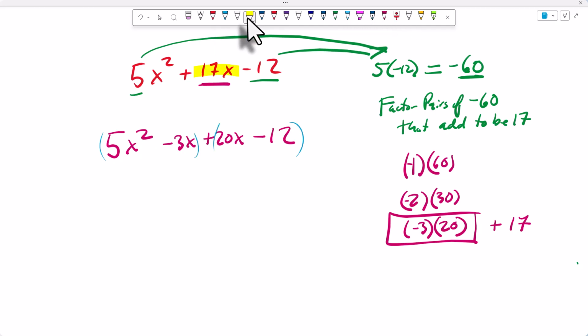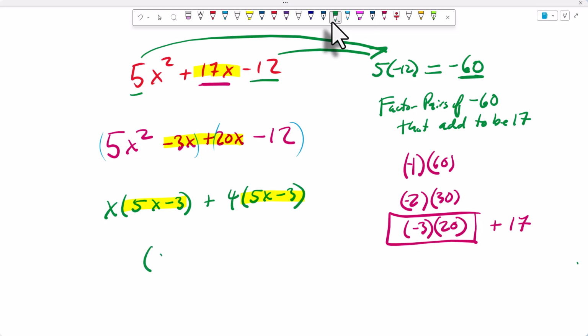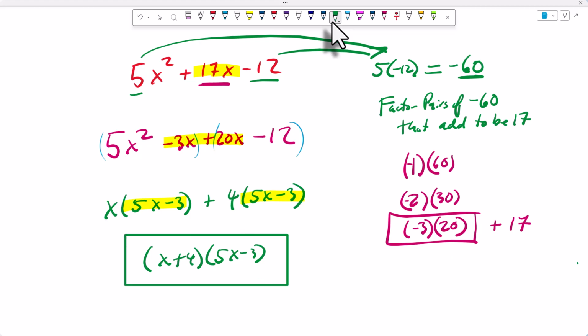So all we did was change 17x to this. 20 and 12, what goes in there? 4. Okay. And so we get our x plus 4 times 5x minus 3. And there it is.